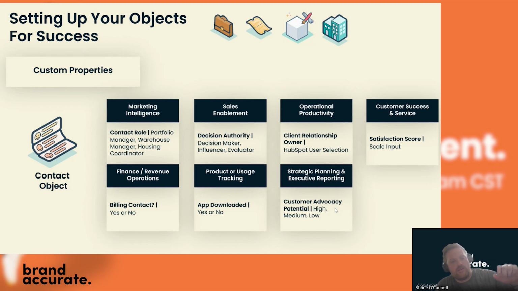And more often than not, it's going to be a no, but when it's a yes, it matters the most, especially for finance. Product or usage tracking: has this contact downloaded the app that we provide? Yes or no. Again, if it's a no, it's most likely blank. But if it's yes, that's when it starts to really matter.